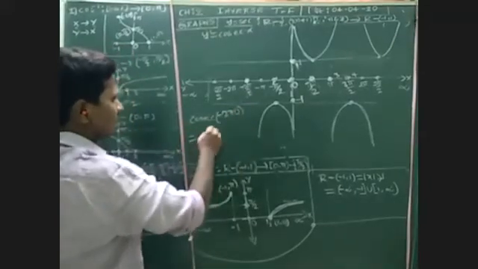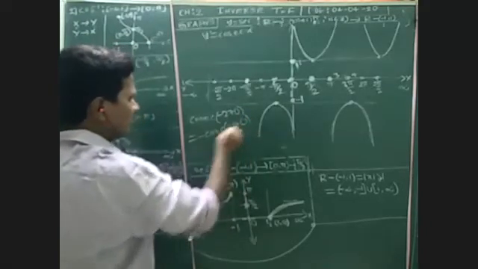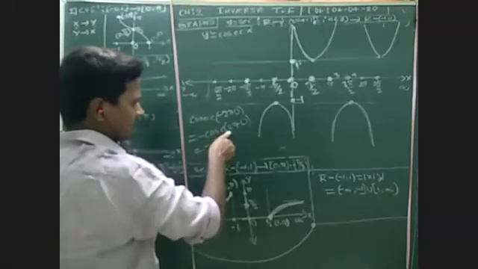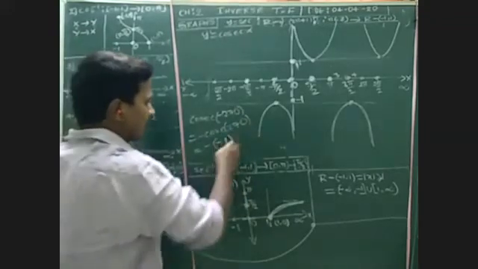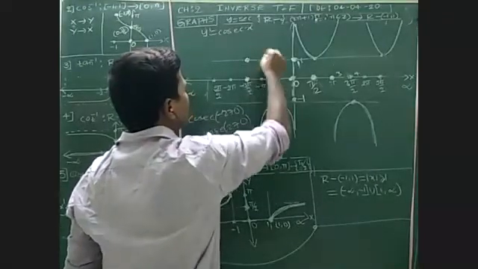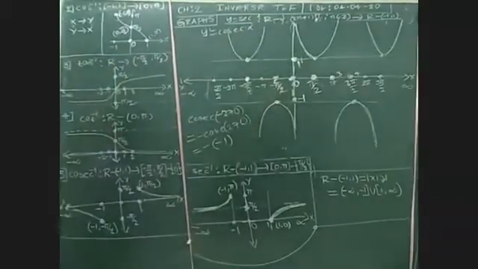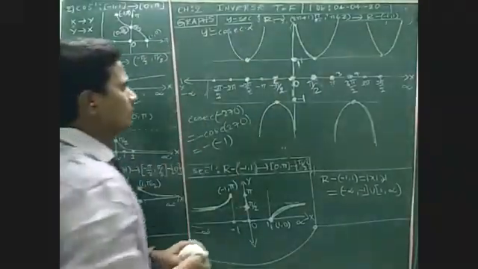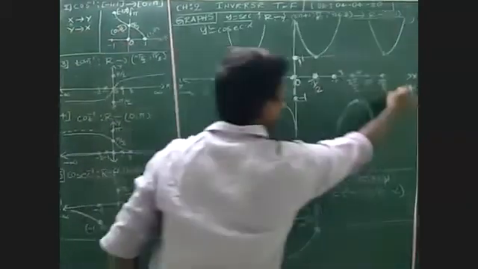Minus you can take outside, minus cosecant 270. Cosecant 270 is -1 because third quadrant. Minus into minus is +1, so we'll get here. Again, we'll get the loop like this. So this is the graph of cosecant x from -infinity to +infinity.